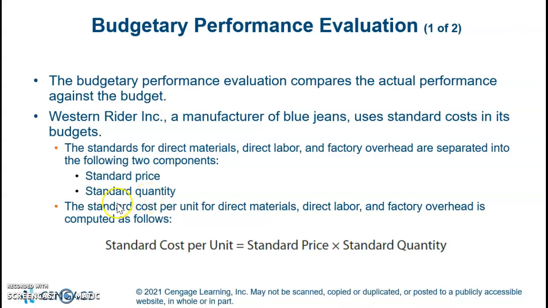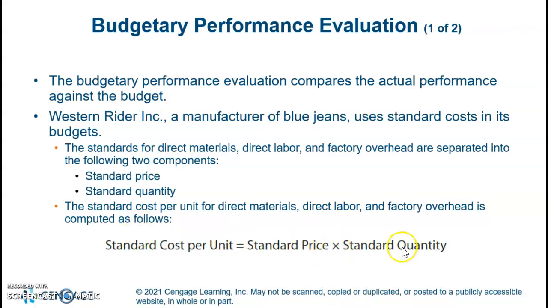And this is what we're going to be using for the entire chapter. Notice the first one is price and then the next one is quantity. When looked at together, that is your total of any one item. So the standard cost per unit for direct materials, direct labor, and factory overhead is computed as follows.